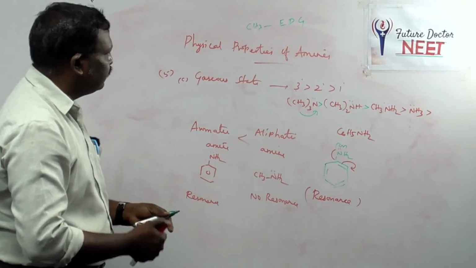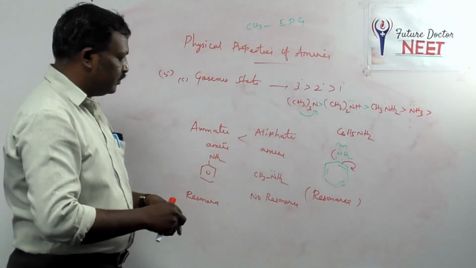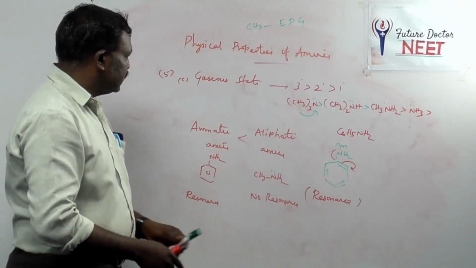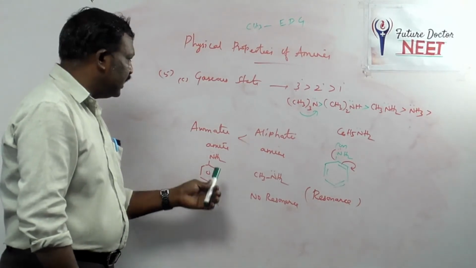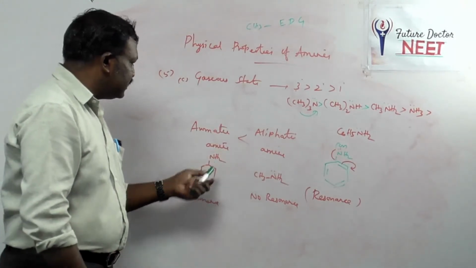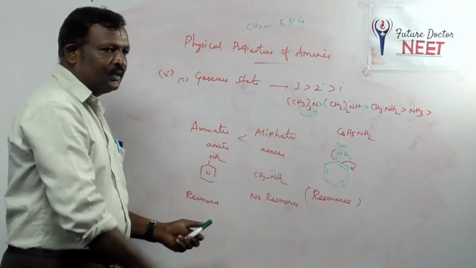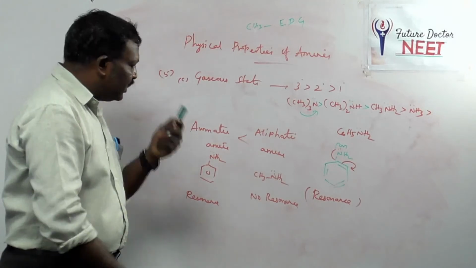Write fast. This word is very important. Why is aromatic amine less basic than aliphatic amine? Because this lone pair of electrons undergoes resonance. Simply remember one word, resonance. It undergoes resonance.